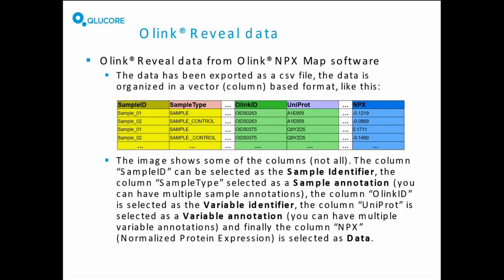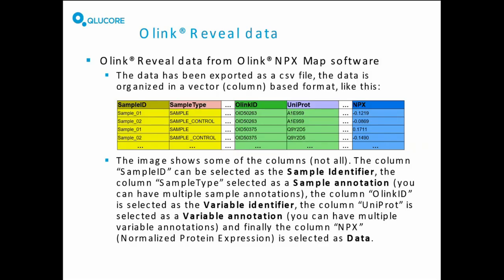If we first look at Olink Reveal data, here is an example where we exported it to a CSV file. The data is organized in a vector or column-based format. To the left you can see the sample identifiers in one column. Then there is also an annotation column called sample type, where we can keep track of our control samples, for instance.